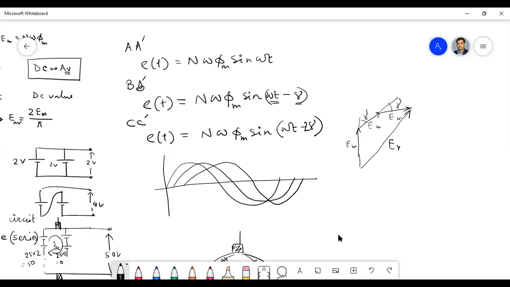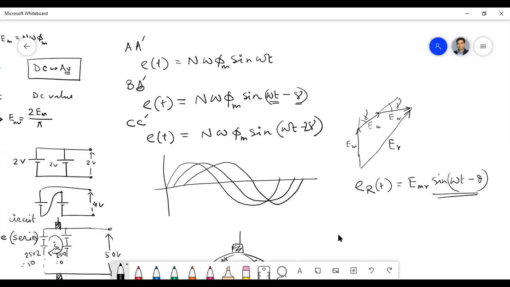What we'll get is the resultant sinusoidal value, isn't it? With some resultant maximum value, that will be a sinusoidal value with some other angle, suppose theta. But here we are not interested in the sine component at all, because here we are producing a DC voltage.